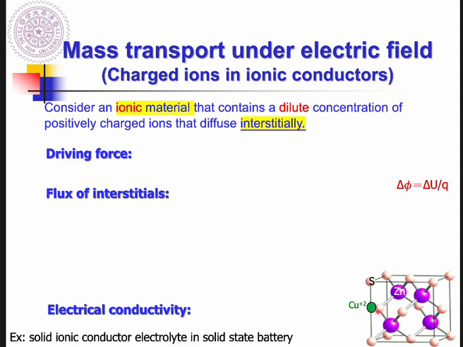Because you have a dopant, which is the positive charge, as long as you connect to a battery, these positive charge ions for sure will move through these materials, and that will cause the current. So you have a chance to estimate the electrical conductivity of these materials. In order to answer these questions, we need to go step by step. The first one, you need to write down what the driving force in the system is.